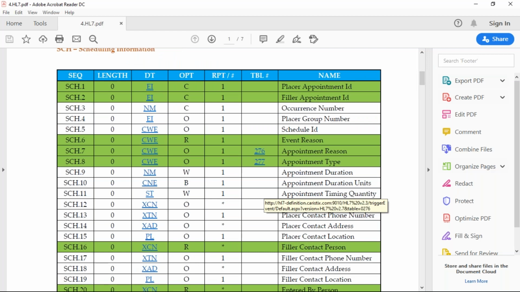So what do they mean? Whenever an appointment is generated, in fact, not just with appointments, whenever we generate things within the system, there are certain types of IDs that will be assigned.